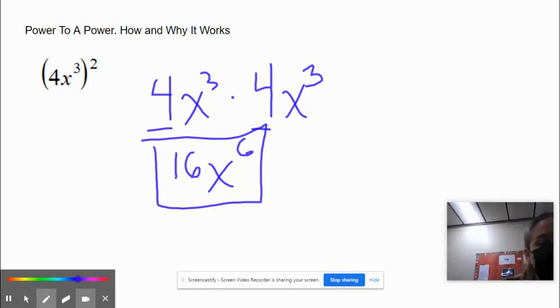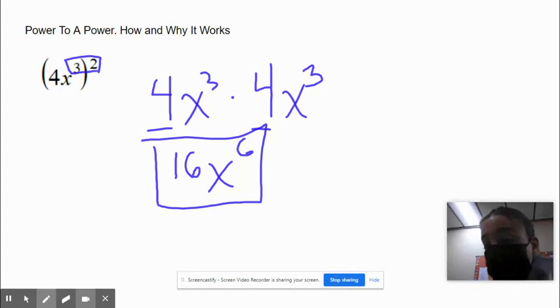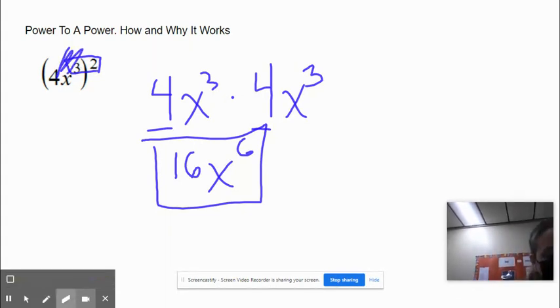So think about it. We ended up with a 6 on our x exponent. How does 3 and 2 make 6? Multiplication. So before, when we were multiplying, we were adding the exponents. And now that we're raising it to a power, we're multiplying the exponents. You also need to recognize that this 2 also got distributed to this 4.